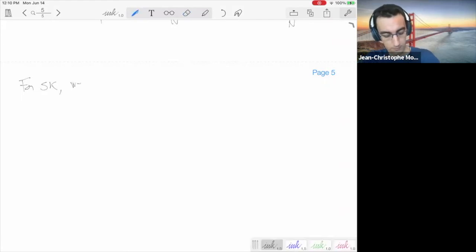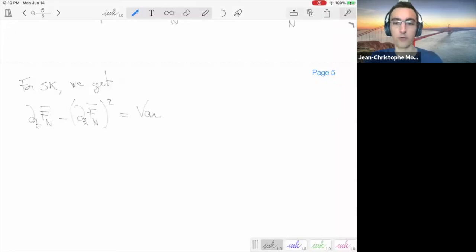We get, I'm going to write variance, and here variance means with respect to both the brackets, the Gibbs measure, and this double bar expectation.